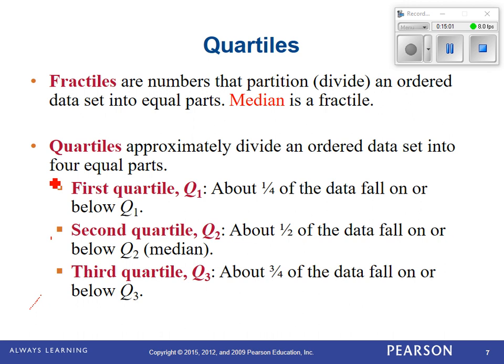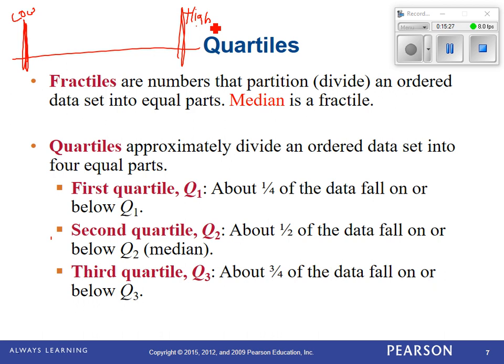With quartiles, let's say that's a number line. My lowest number in my set of data is here, and my highest one is here. First of all, what does quart mean? 4. So we're splitting it up into quarters, 4 parts.